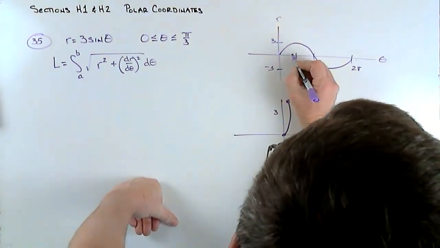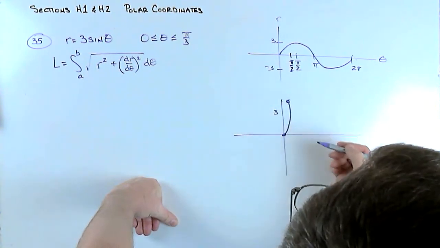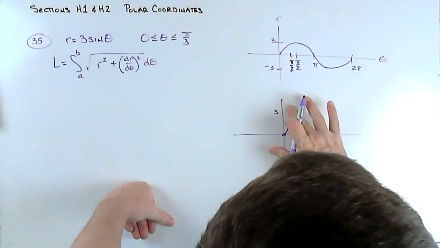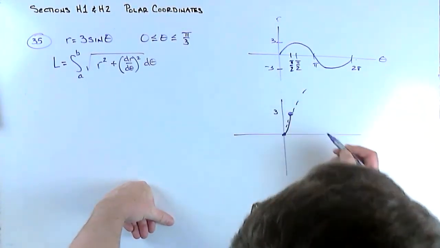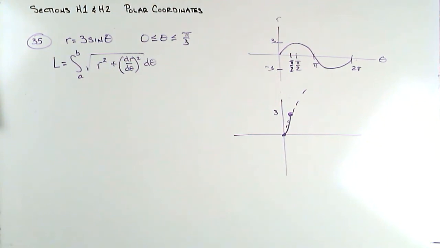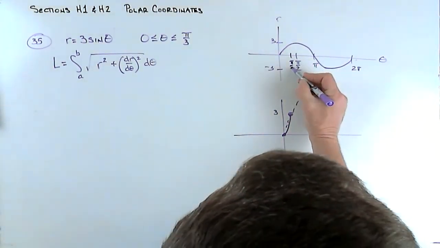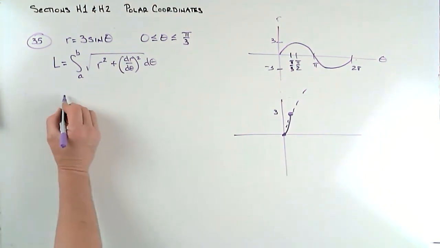Because as we go to pi over 3, which is here, our radius just keeps growing and growing, and we're only going to pi over 3. So I guess I should draw that at pi over 3. So we're only going to here. So we want to know what's the length of that segment. Wow, I said pi over 3 and I wrote pi over 2. So to do that, we're going to have to plug it into our formula here and hope that something good works out for us.